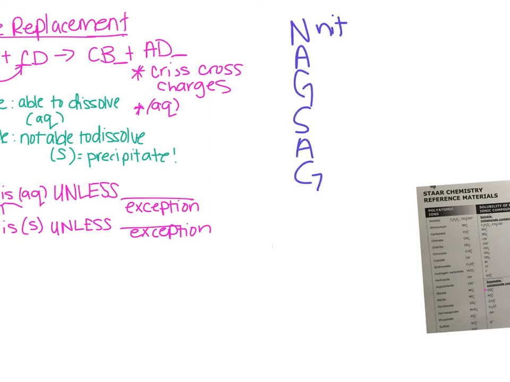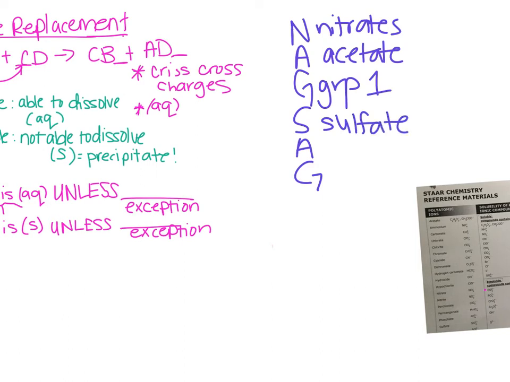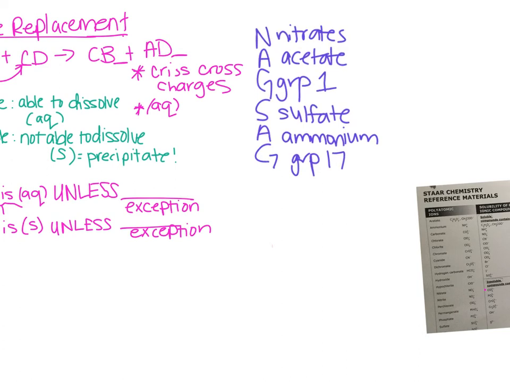And all that it's going to stand for is nitrates, acetate, group 1, and then sulfates, ammonium, and group 17. And then with that, it'll give you the two major exceptions, which are called the PMS rule and the Castro-Bear rule. And then all of that listed right there is your entire solubility chart.